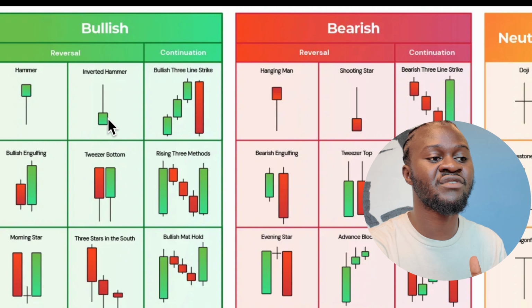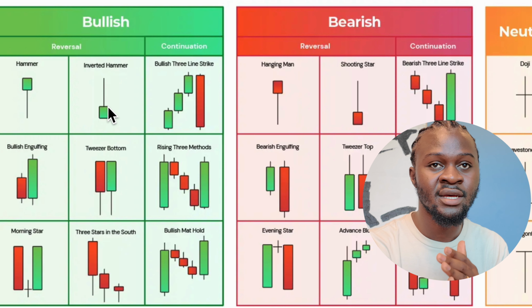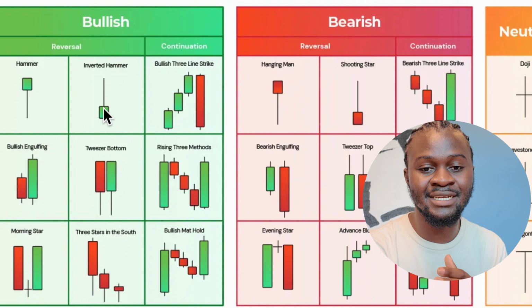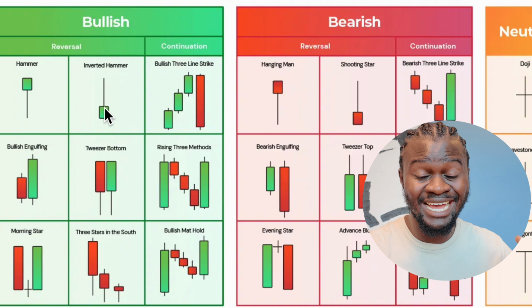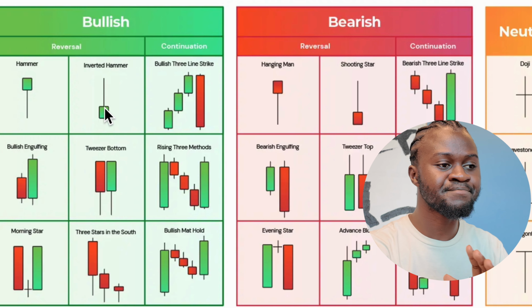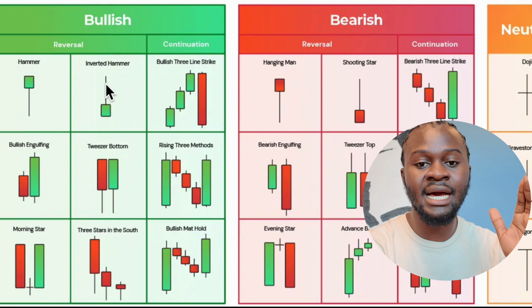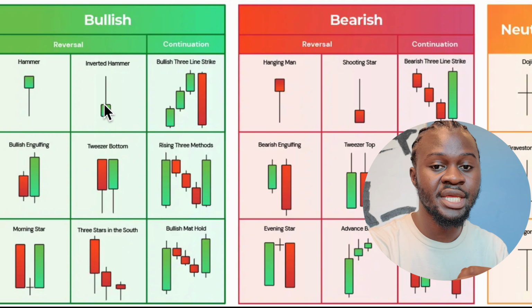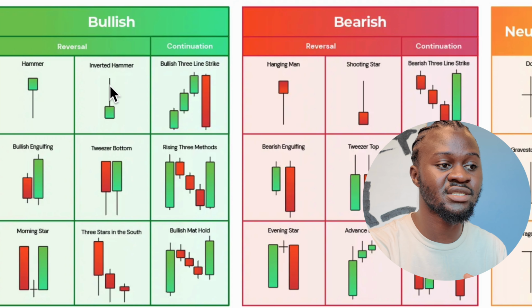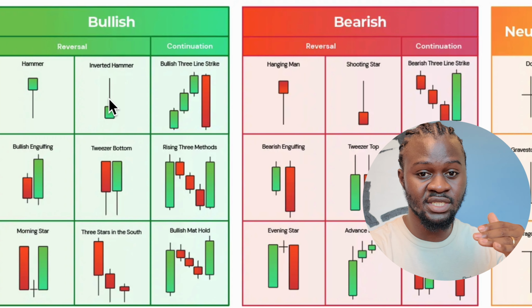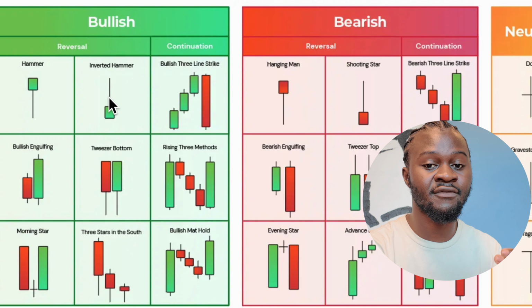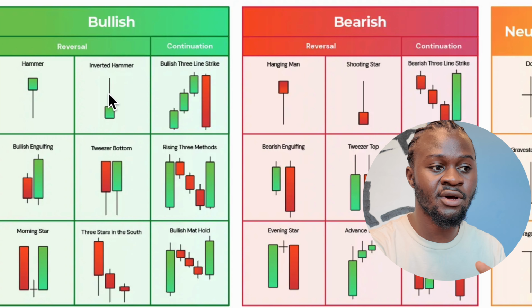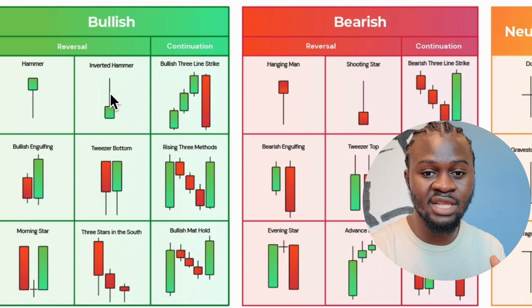And we also have an inverted hammer. Like a hammer, it's also a bullish reversal candlestick pattern that happens towards the end of a downtrend. And unlike a hammer, the higher shadow is often twice the size of the real body. The reason why this candle is like this is because the buyers tried to push this candle to the upside, but there was not enough volume to get price up. But it's signifying that there is some type of demand, that there are some people ready to buy.